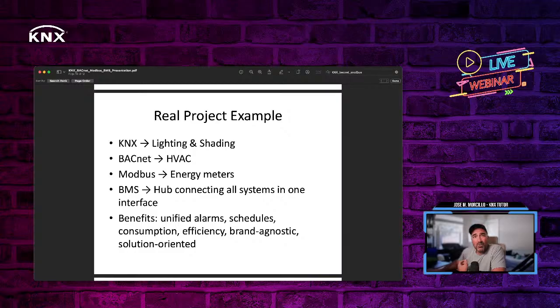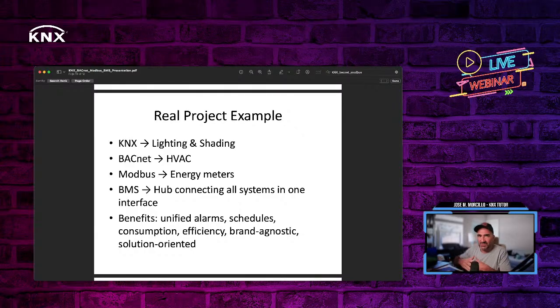Why do I want to do this? So I'll say this. Why I don't want to control HVAC in KNX? Okay, if the HVAC system is already talking BACnet, you don't need to change all the HVAC system to make it KNX. Okay, this is important.